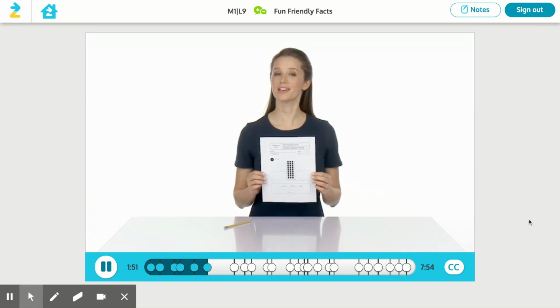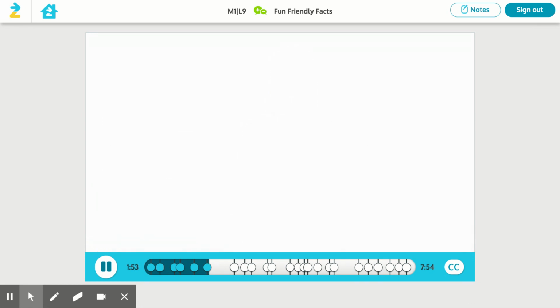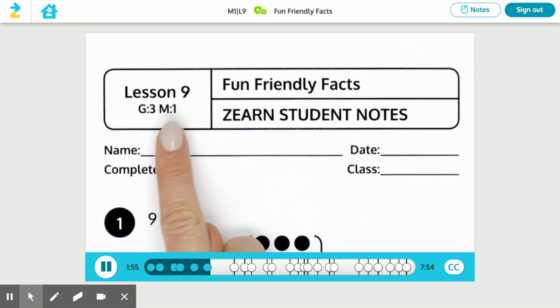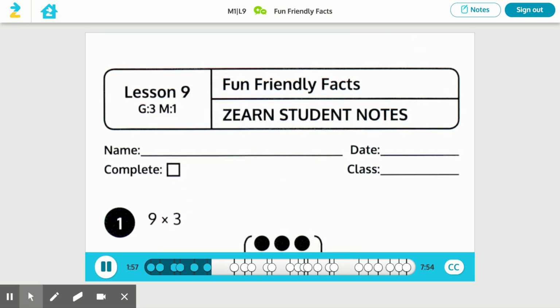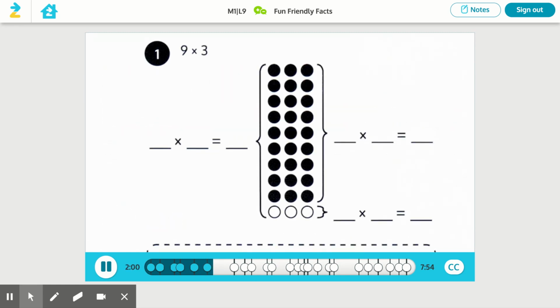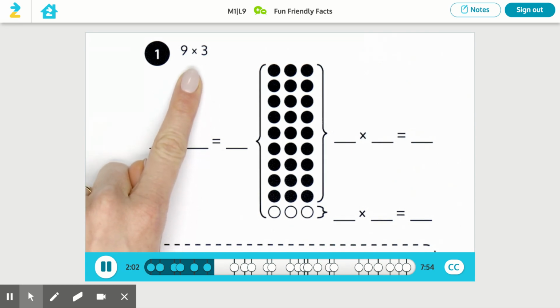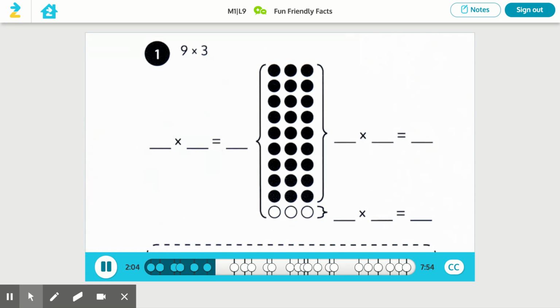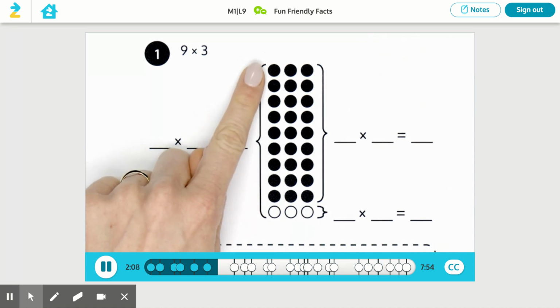We'll solve this next one in our notes. Today we're working on Mission 1, Lesson 9. We want to solve 9 times 3. Look at this array. I'll use my finger to trace 10 threes.